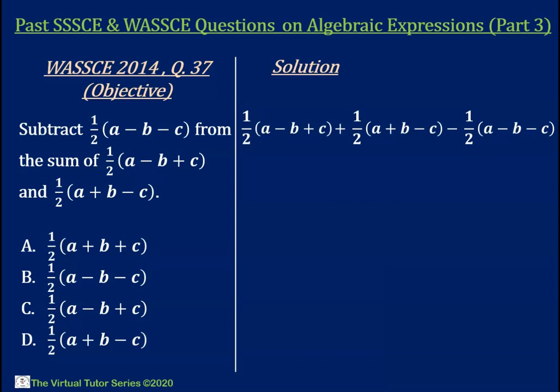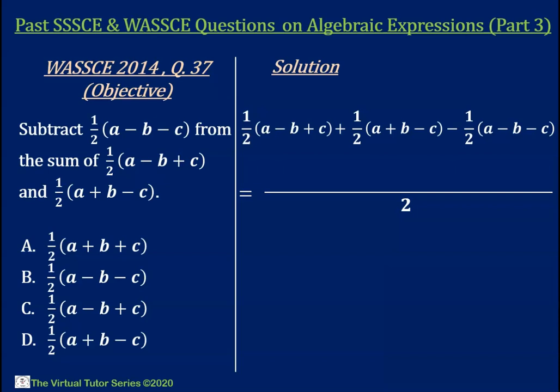The LCM of the denominators is 2. Since all the denominators are 2, we will only distribute the numerators outside the brackets over the terms inside the brackets.